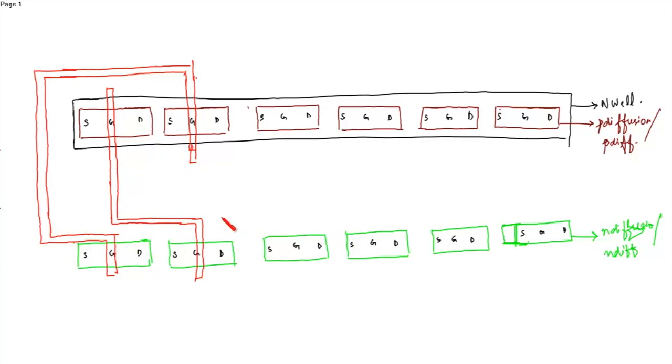Now the gate of PMOS and NMOS in an inverter are connected. So to give the input to the inverter, now these two are again a transmission gate. So the gate of this PMOS is connected with the gate of this NMOS.